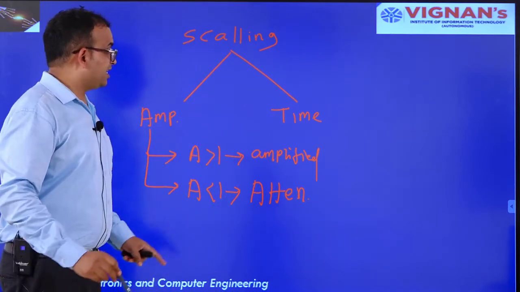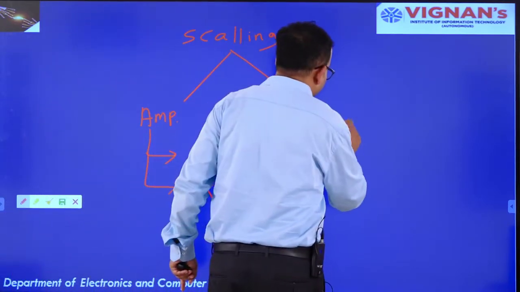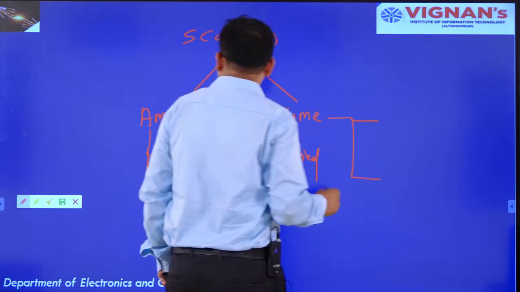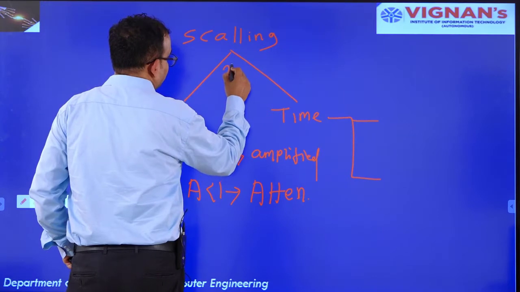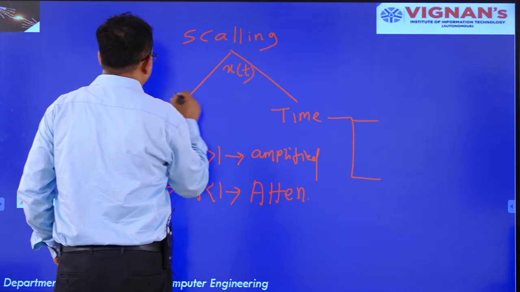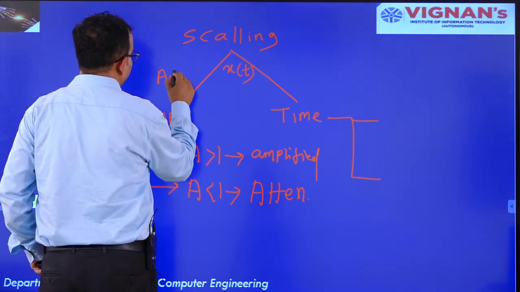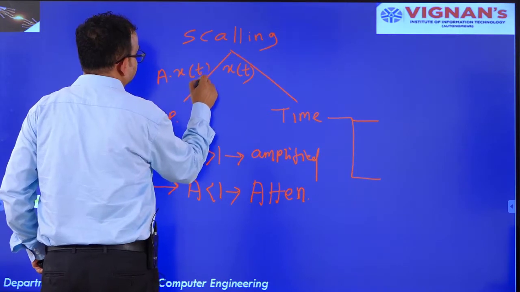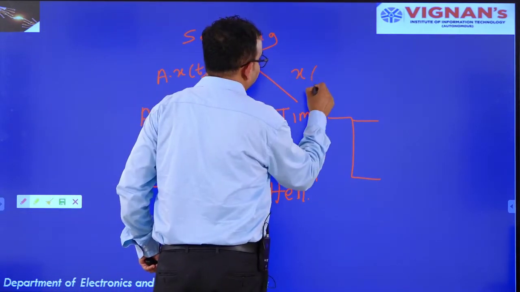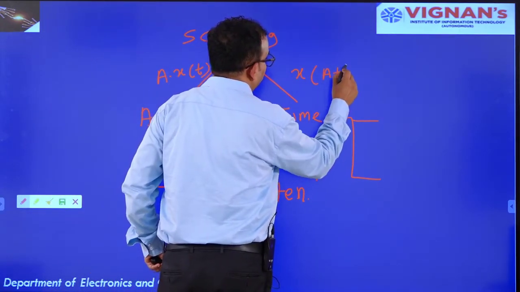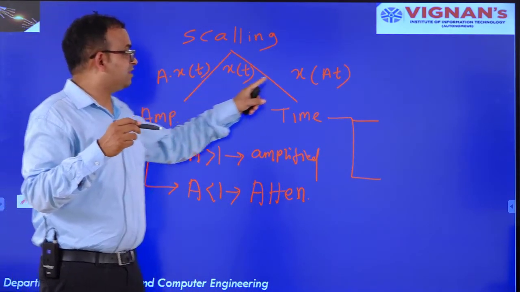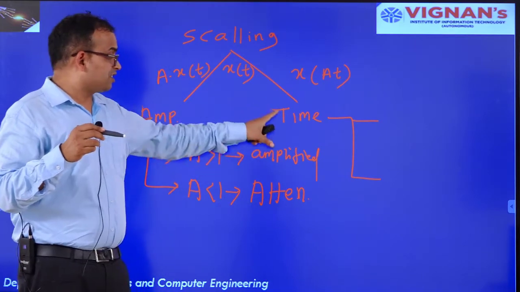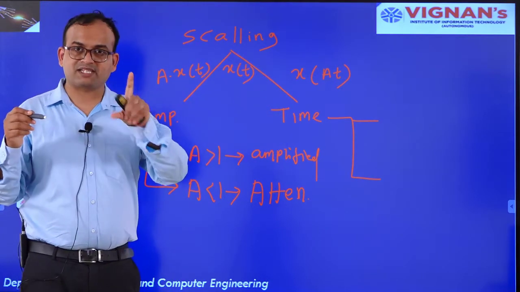Similarly, for time also we are getting two things. If I have taken a signal x of t, remember these things. This will be A x of t, and this will be x of at. Don't confuse how scaling is done here: one is A into x of t, the second one is x of at. In this case also we can find two types of scaling.